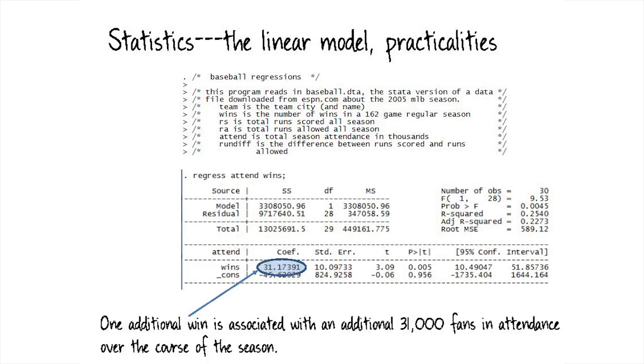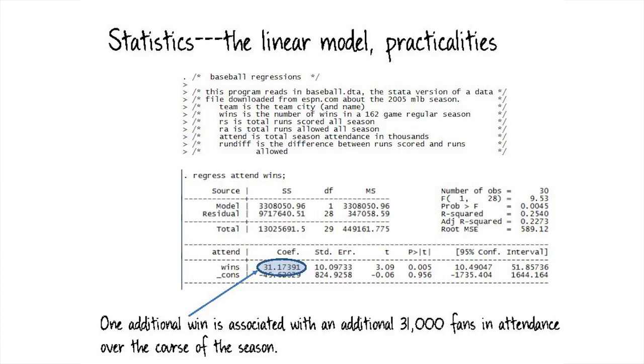Okay, so what did I do? I regressed attendance, my dependent variable, my y variable, on the number of wins that each team had. And we see here, based on this regression, that one additional win is associated with, and I should say the attendance was in thousands, that was the unit I used, an additional 31,000 fans in attendance over the course of the season.